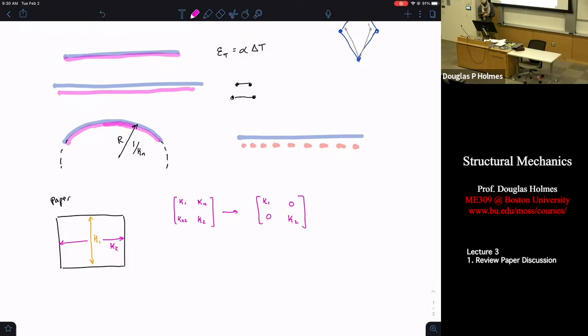I got the determinant, and this is a great guess, AC minus BD. Yeah, so that's your determinant. Perfect. So AC minus BD is going to be kappa 1 kappa 2 minus 0 times 0. So in this case, when it's diagonal, it's just the product of the two. So this is one. I'm going to call it big K.